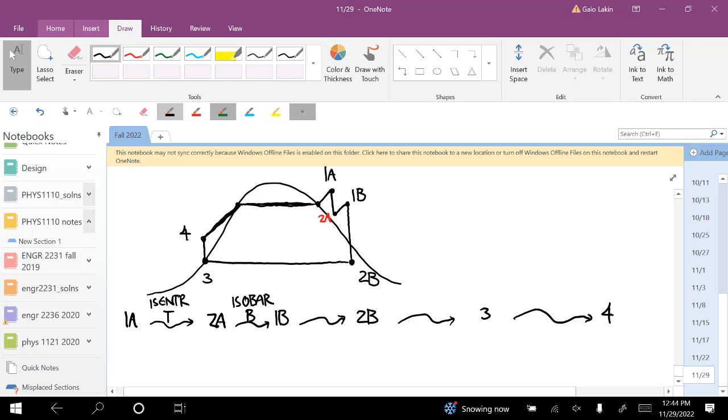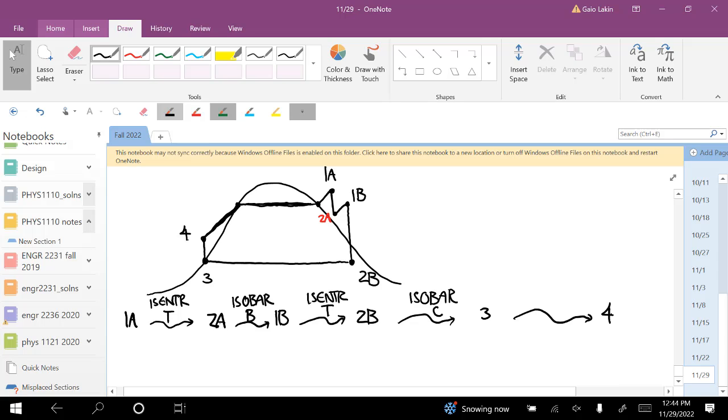It's really a steam generator. From 1B to 2B, that's another isentropic turbine. From 2B to 3, that is an isobaric condenser.